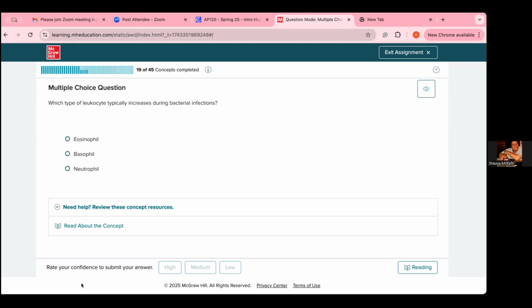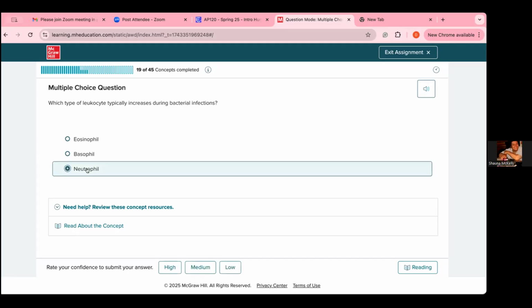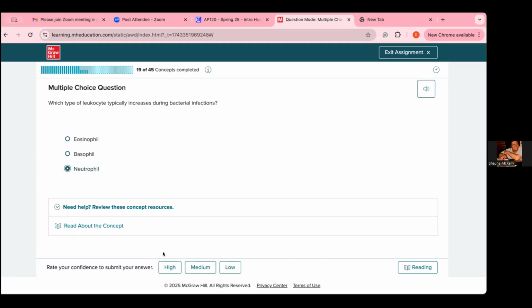Neutrophil. Neutrophils are the first responders to bacterial infections. So neutrophils typically increase first. They rapidly increase in number and migrate to the site of infection to engulf and destroy bacteria through phagocytosis and the production of reactive oxygen species.